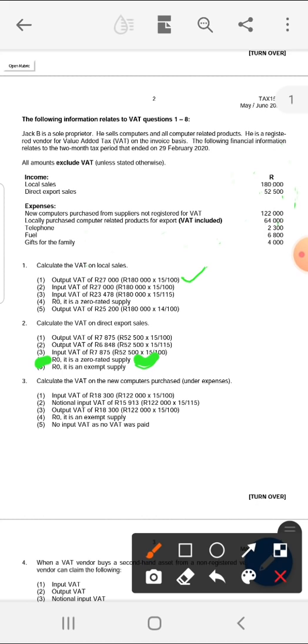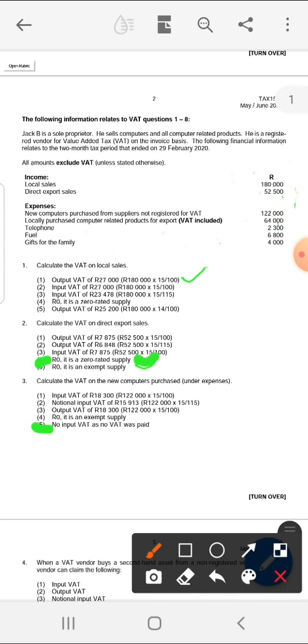So we're not charged VAT by this supplier, there's no VAT that we paid when purchasing this equipment, so we won't claim anything from SARS. So the correct answer will be option 5, no input VAT, as no VAT was paid.